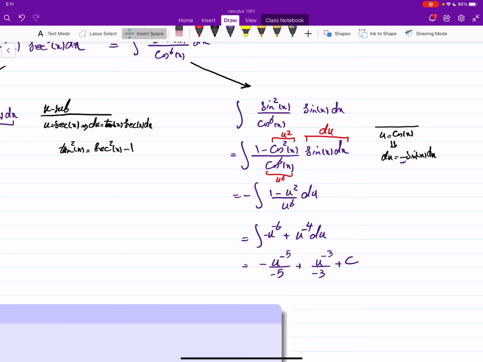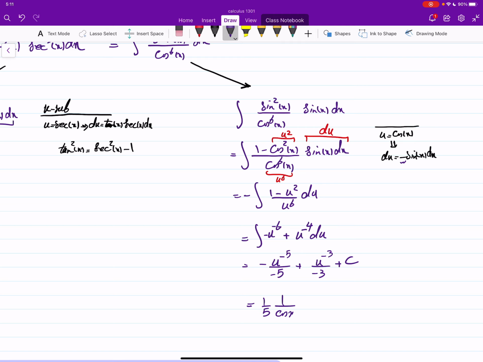Okay, now I can go down a little bit and write everything in terms of what we have. So this will be 1/5 of 1 over cosine x to the power 5 minus 1/3 of 1 over cosine cubed x plus c.